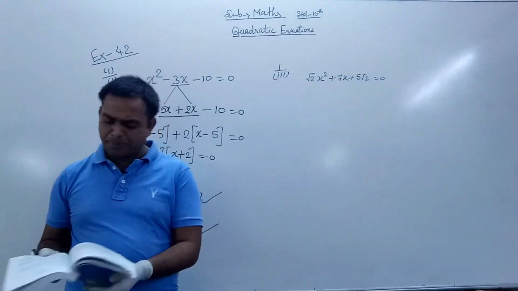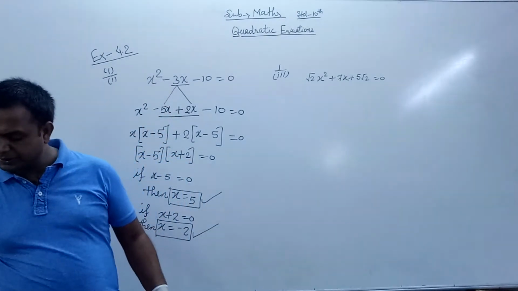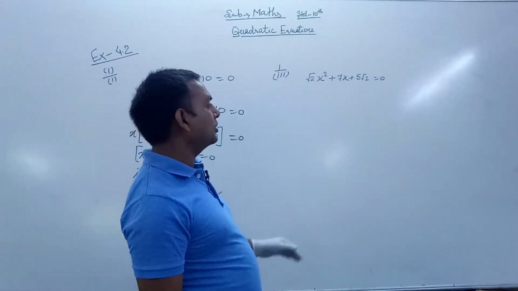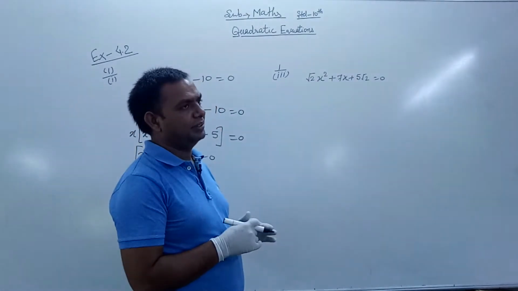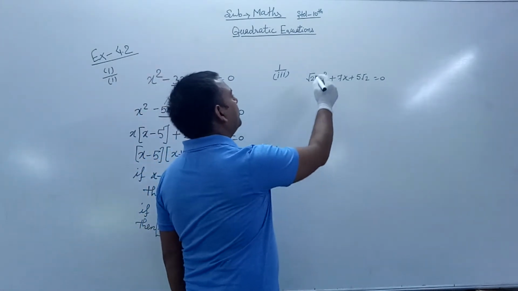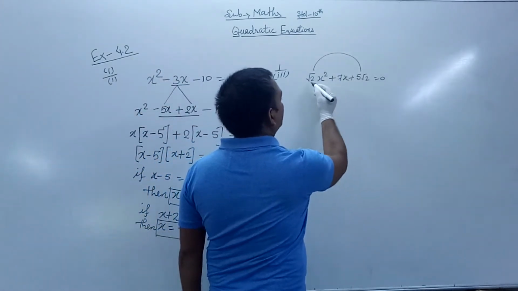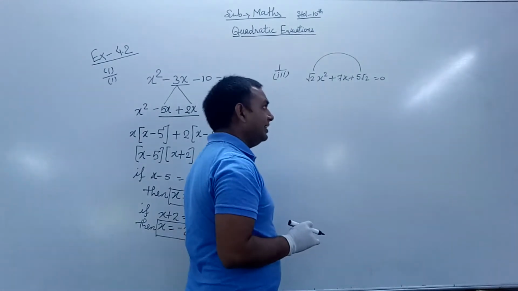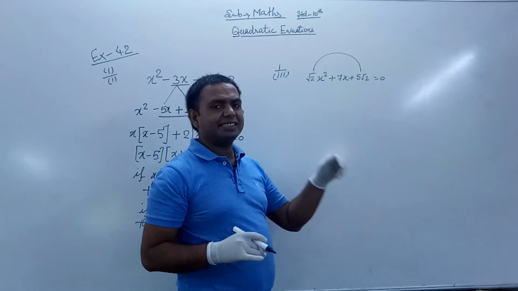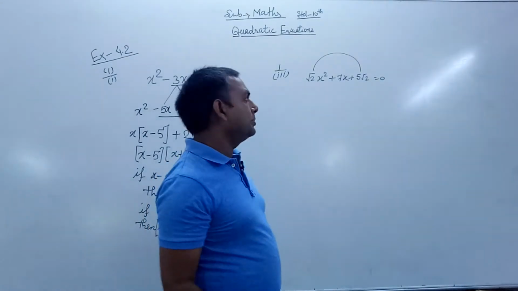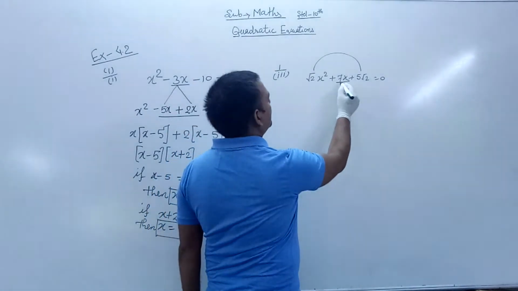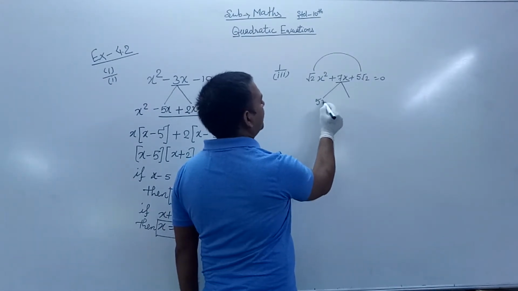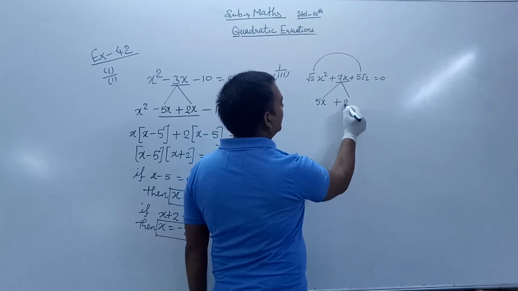Here you also apply the same factorization method for the solution of this quadratic equation. First, if you multiply the first term by the last term, root 2 times 5 root 2, 5 twos are 10, so the product is 10x square. So you divide 7x into two parts: one part is 5x, another part is plus 2x.